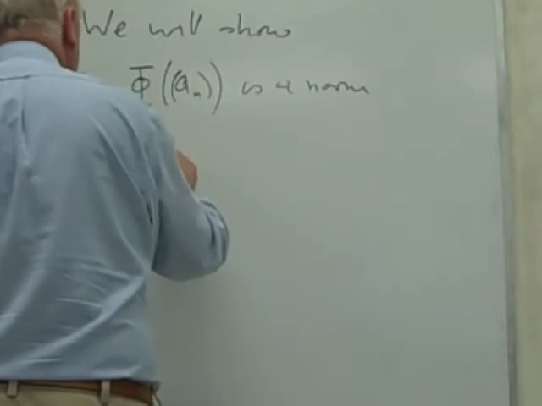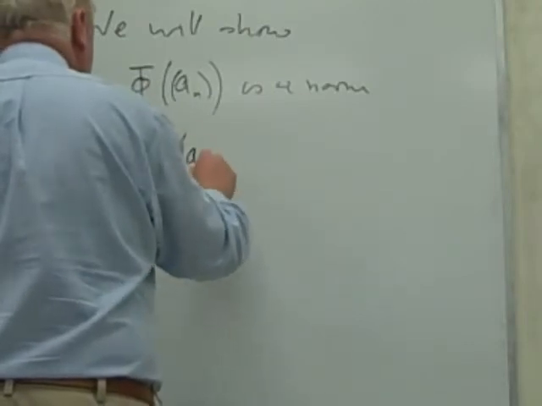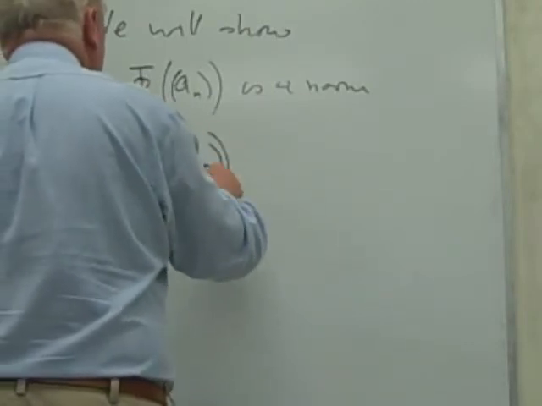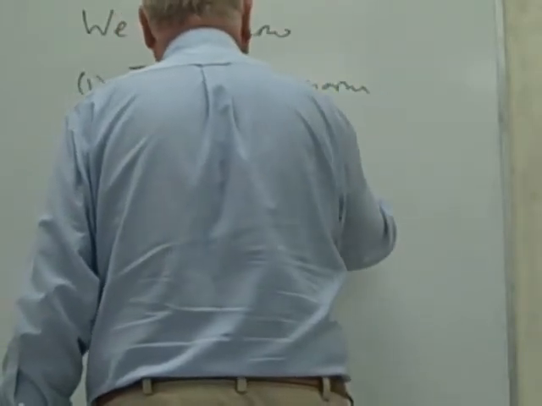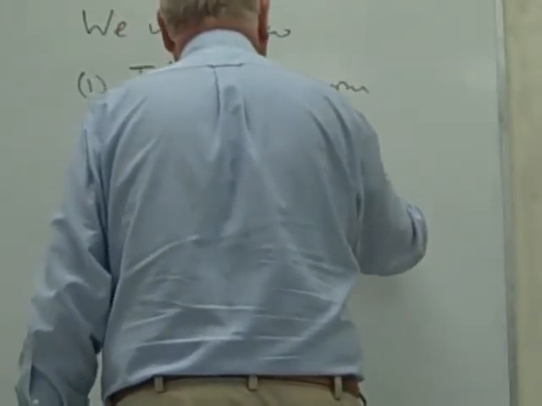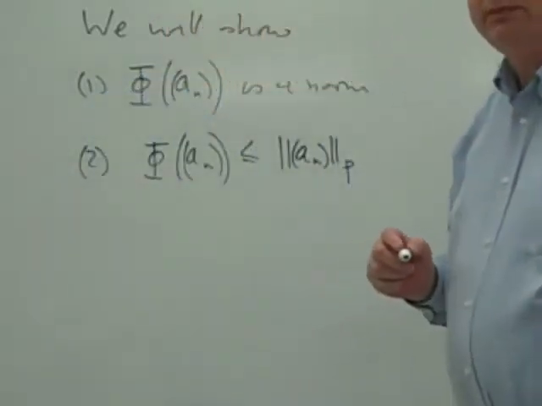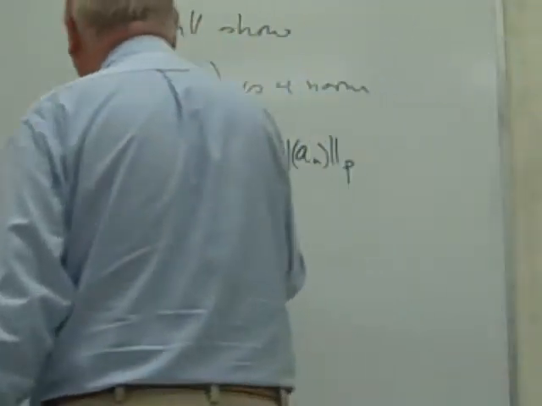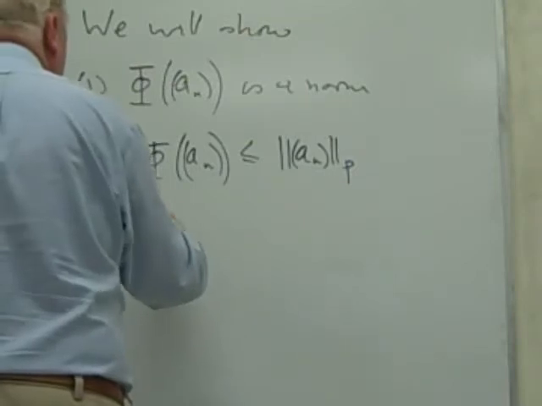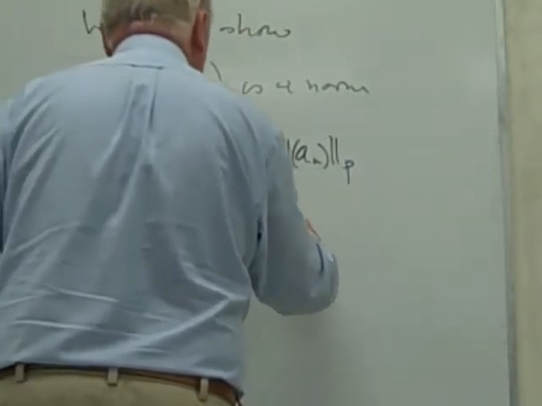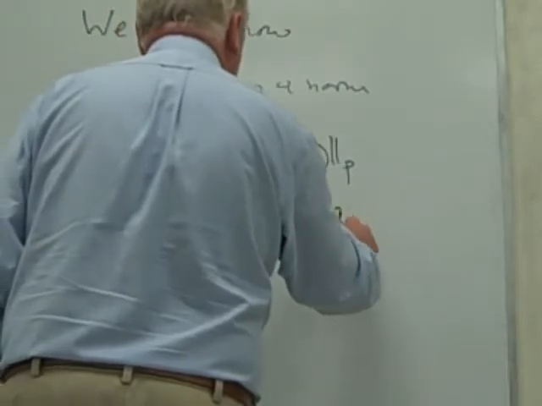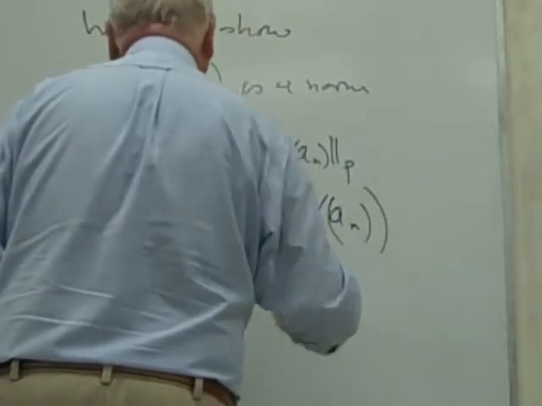Secondly, phi of a_n is less than or equal to the p norm. And thirdly, the p norm is less than or equal to phi of a_n.